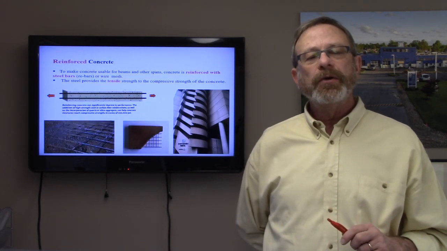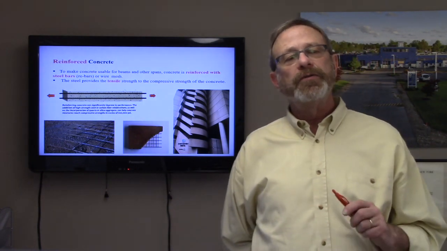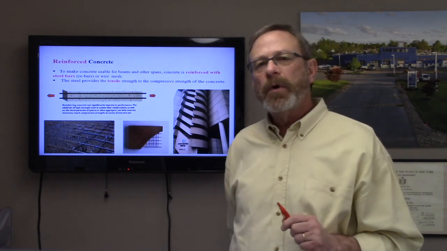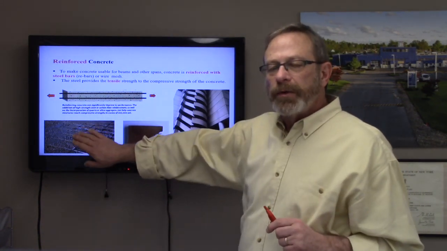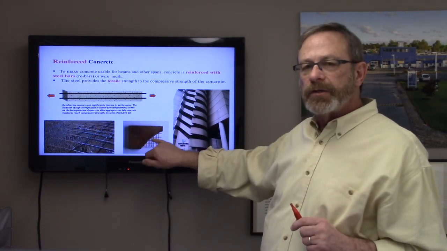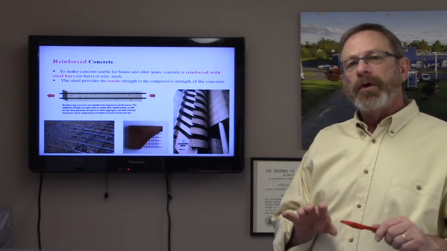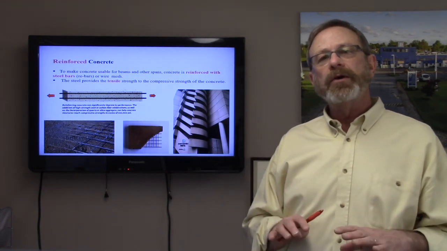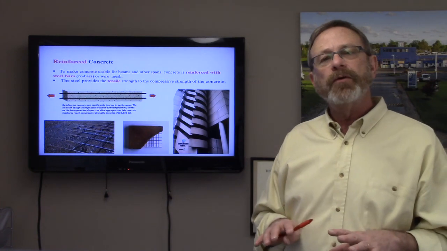Reinforced concrete is a very good and inexpensive material because it uses a large amount of cheap concrete and a small amount of expensive steel. And what is happening? These steel rods, called reinforcement bars, or steel mesh, single sheets of steel coming in a grid, are inserted into the concrete where the engineer has anticipated the tensile stresses will appear, to fortify the concrete with the tensile strength of the steel.